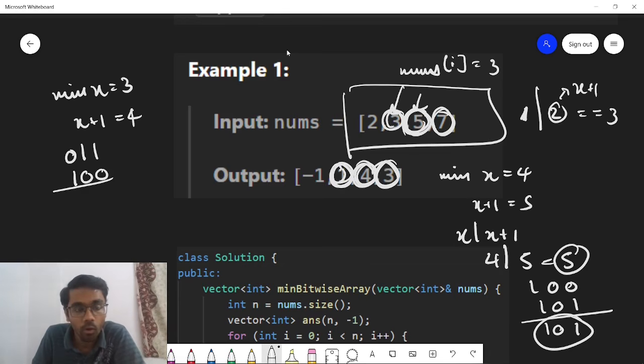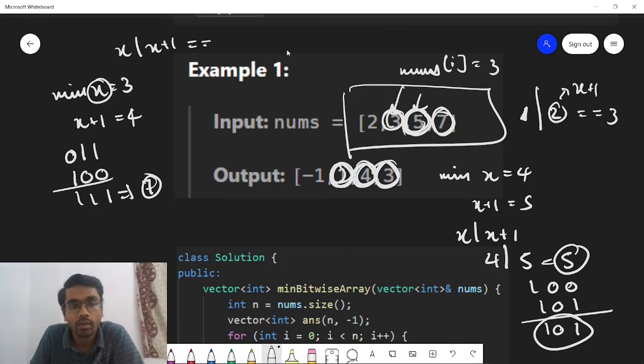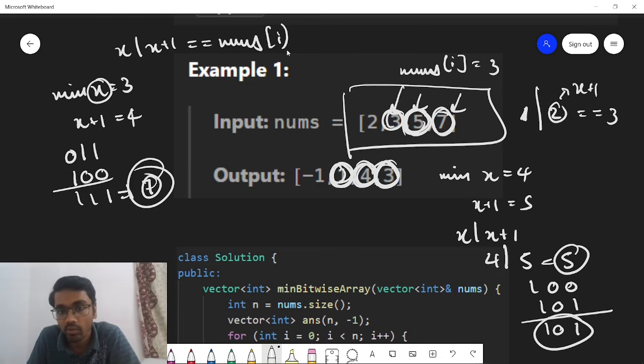If we do the OR of both of these numbers, x and x + 1, we will get 1, 1, 1, which is nothing but 7. So for 7, our minimum x value is 3. That's why our output here is 3. And for 2, no such value exists, so we are putting -1. So I hope you understand this problem.